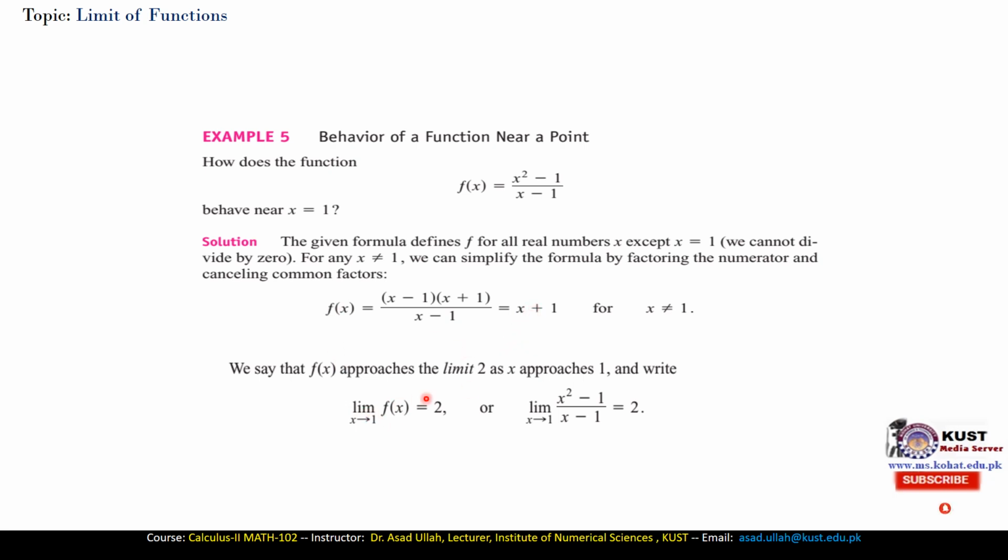Since we have simplified x square minus 1 divided by x minus 1 to get x plus 1, the limit 2 represents the limit of the original function, limit x tends to 1 of x square minus 1 divided by x minus 1. So in this example, the function is not defined at x is equal to 1, but still we have a limit that is equal to 2.